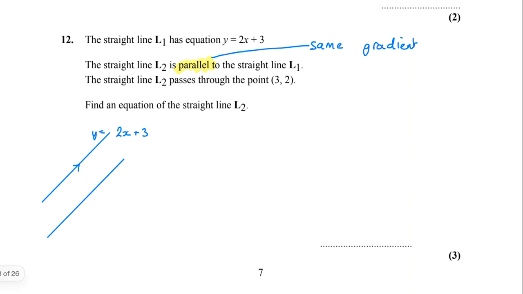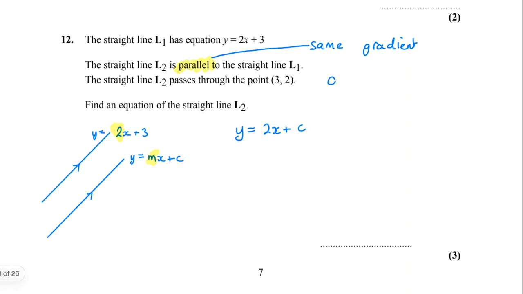This one's going to be y equals mx plus c. But what do we know? Same gradient. So this is the gradient of this line, and this is the same. So I know that it's going to be y equals 2x plus something. It's going to be something different. How do I figure that out?